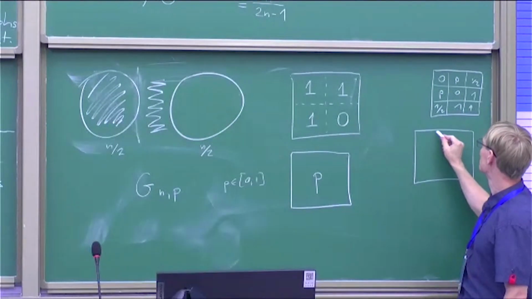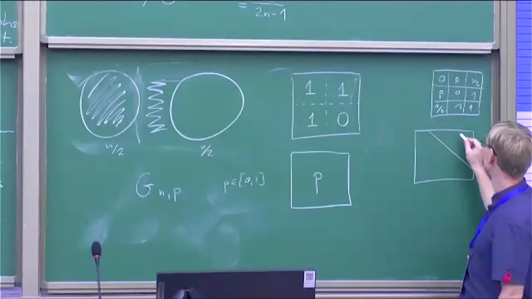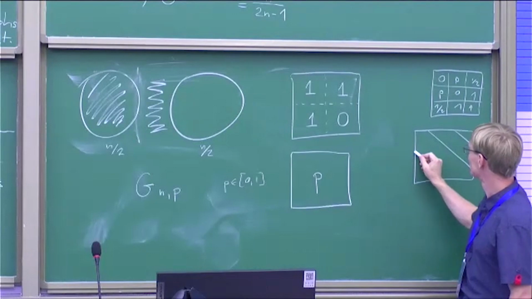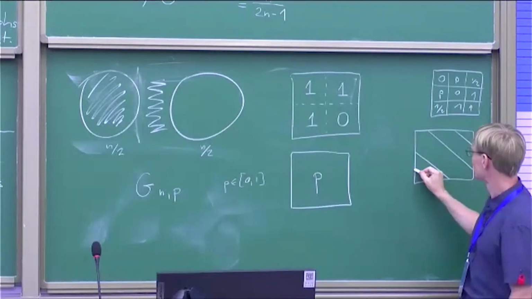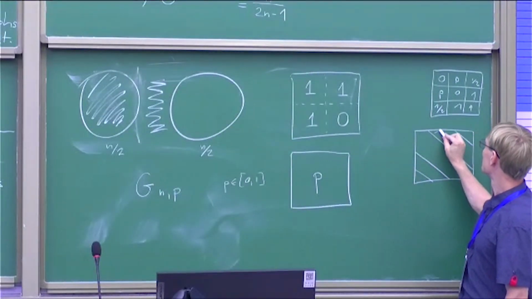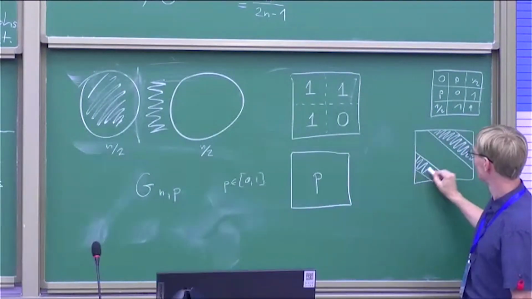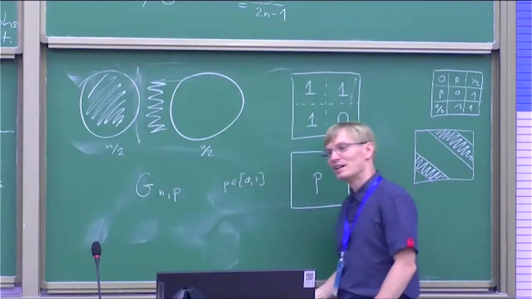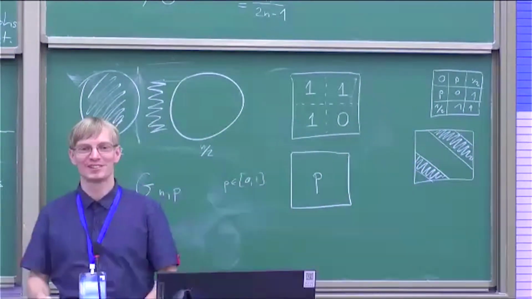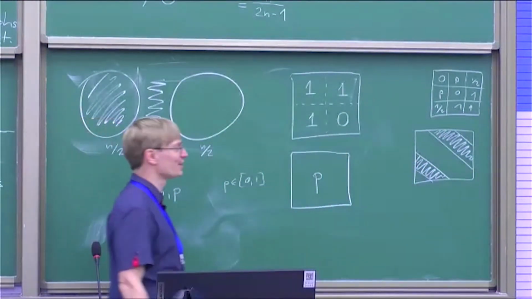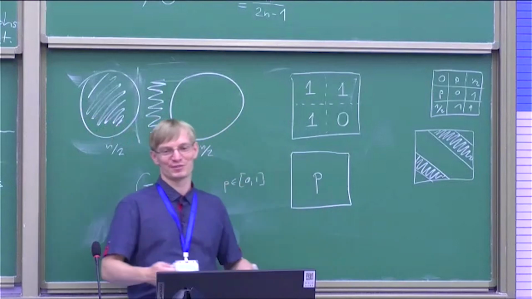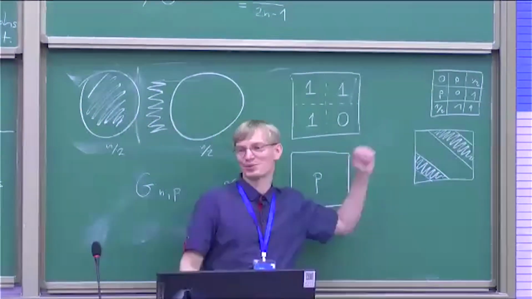It needs to be symmetric. For example, I can have a graphon which looks like this. And now it will be your task to think what could be the sequence of graphs which tends to such a graphon.